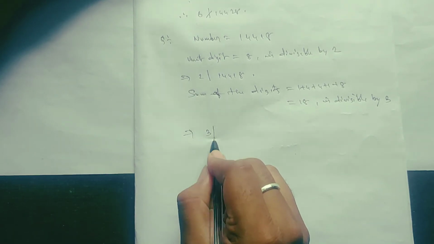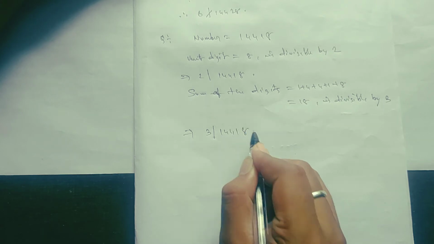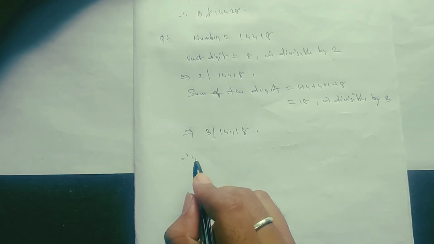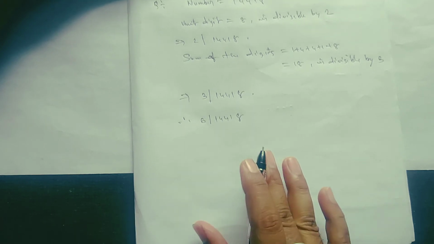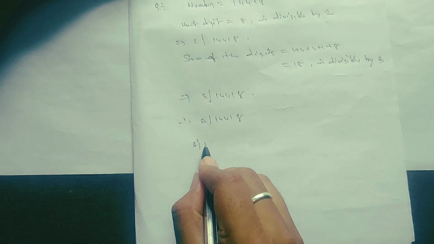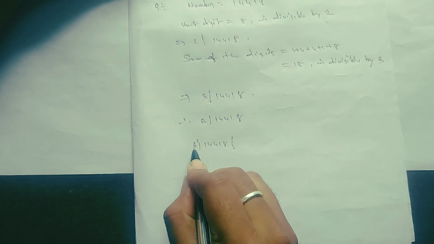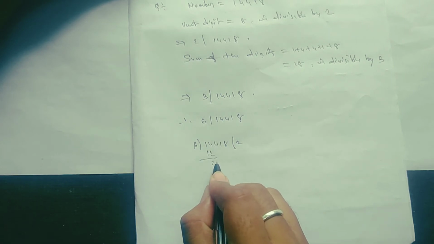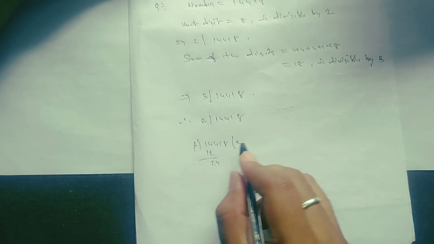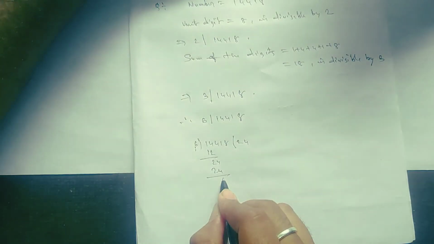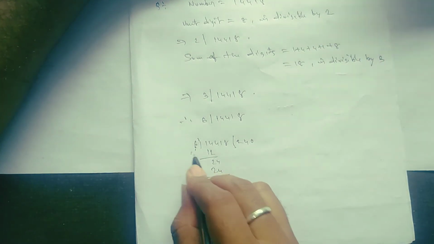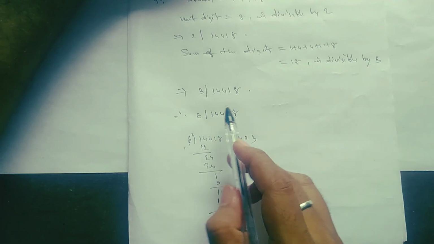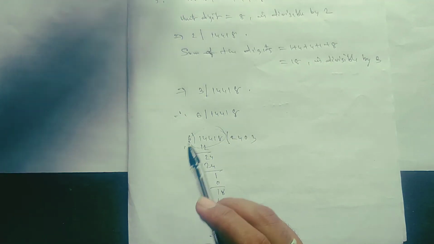This implies 3 divides 14418. Therefore, we can say that 6 divides 14418. Now, if you have a doubt, you can check it here: 14418, 6 2s are 12, 6 4s are 24, we are getting 1, 6 0s are 0, 18, 6 3s are 18. You can see here the remainder is 0. That means it is exactly divisible by 6.